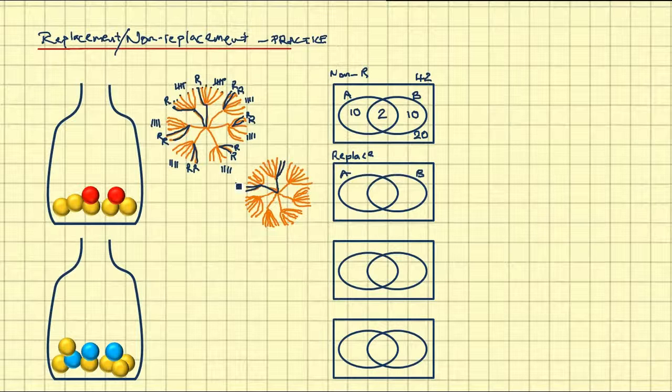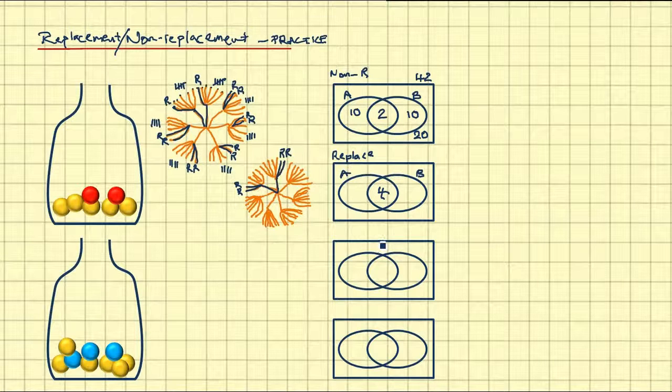So we've got a red, a red, a red, red. These arms representing a double pick, so red picked both times. Therefore we've got 1, 2, 3, 4, so 4 in the intersection here.